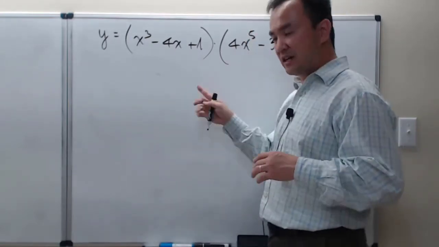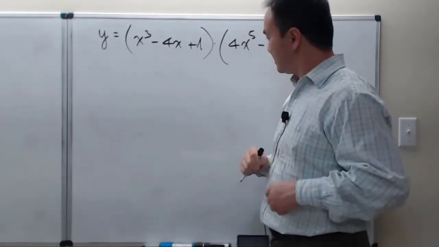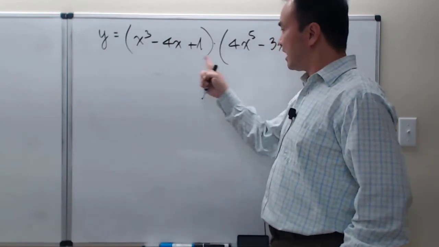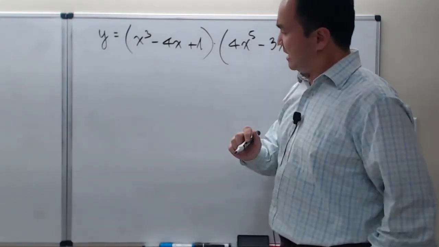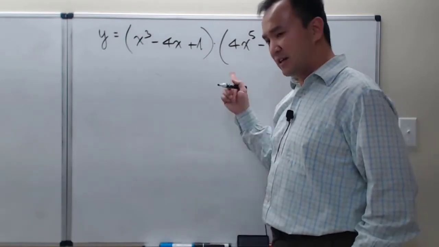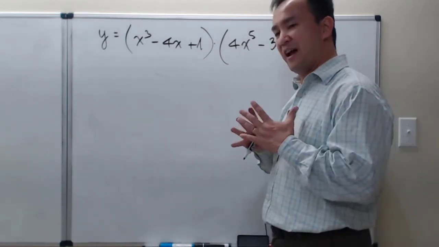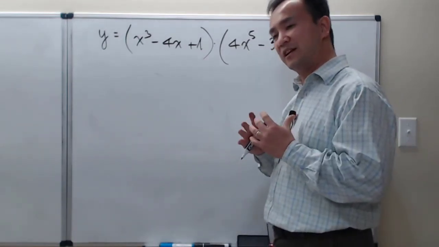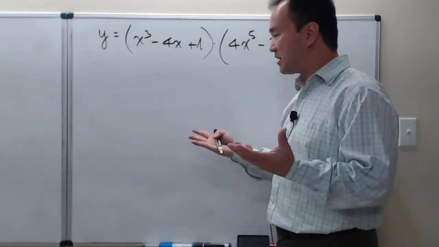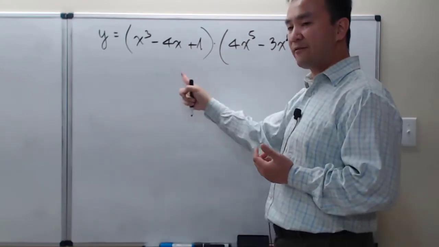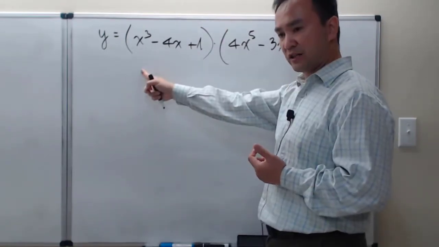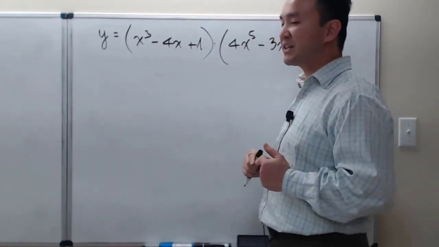It's lengthy and easy to make mistakes as we go along with this foiling work. At this point, we start feeling that we need a new method to directly handle the derivative right out from this product without multiplying terms out.